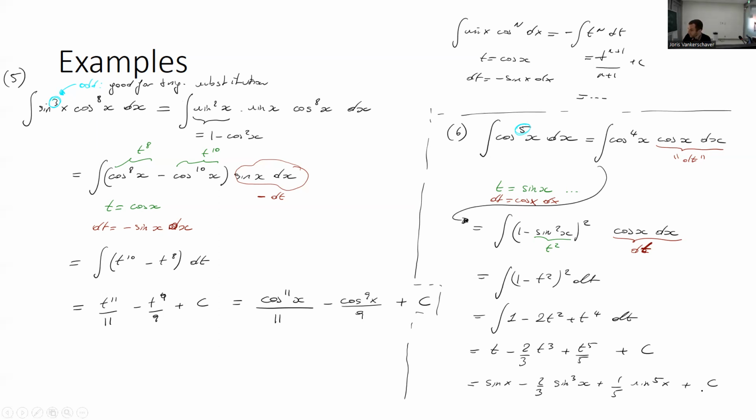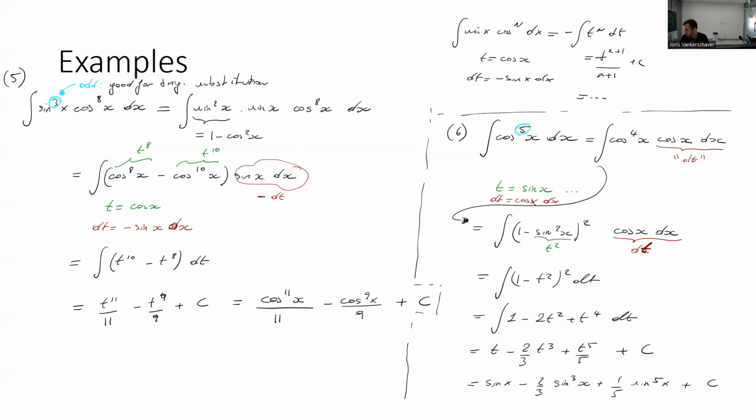The critical thing here is to realize I have an odd power of my trigonometric function, so I can split off one cosine, and then I have to do something to the remaining part of the integrand to prepare it for my substitution.